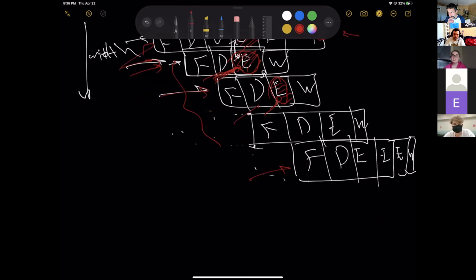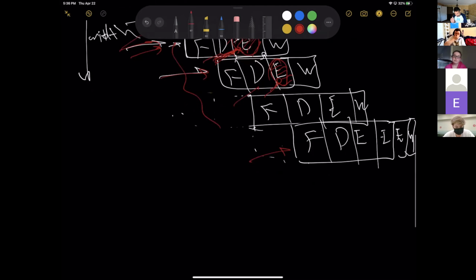Okay, so my suggestion is to try to determine some way to figure out how many executions are in each one, and then go from least to most. And then that way, the shortest one would go first, and it would not violate the von Neumann model. Yeah, exactly.